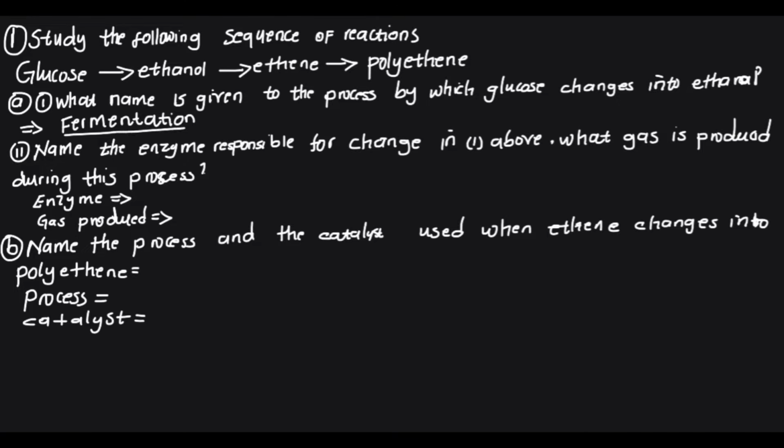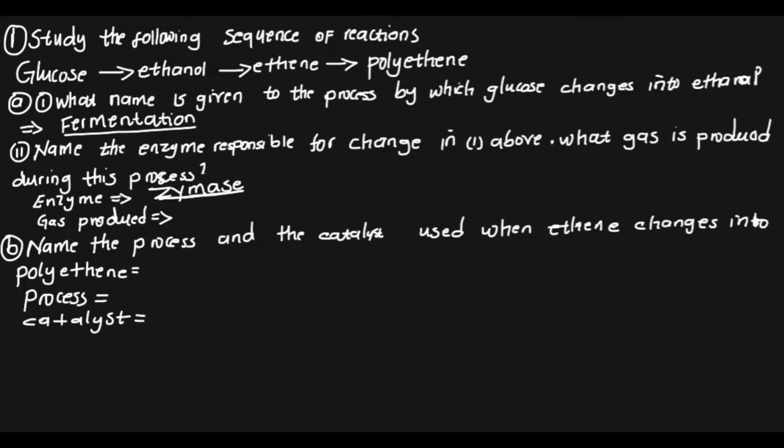Okay, so now we can move on to Roman number 2. Name the enzyme responsible for change in one above. What gas is produced during this process? During fermentation, the enzyme that is used is zymase. And we know the function of the enzyme.